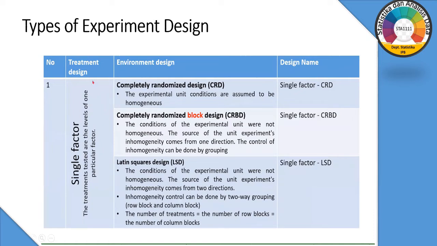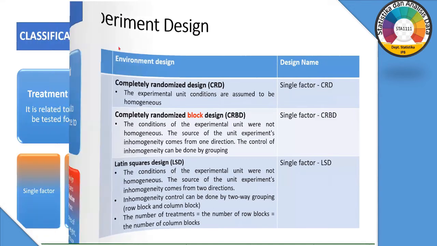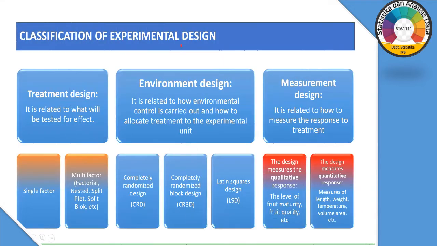So here, in the single factor experiment, you can apply the environment design. Because the types of experiment is actually a combination of the experimental design classification. So let's say in an experiment, you can talk about what is the treatment design. Let's say single factor.